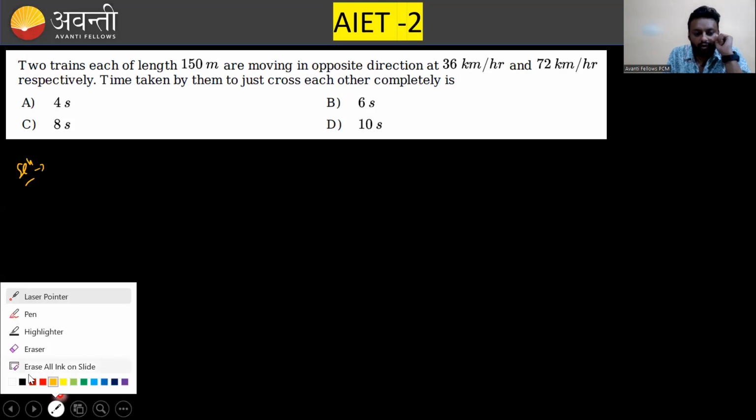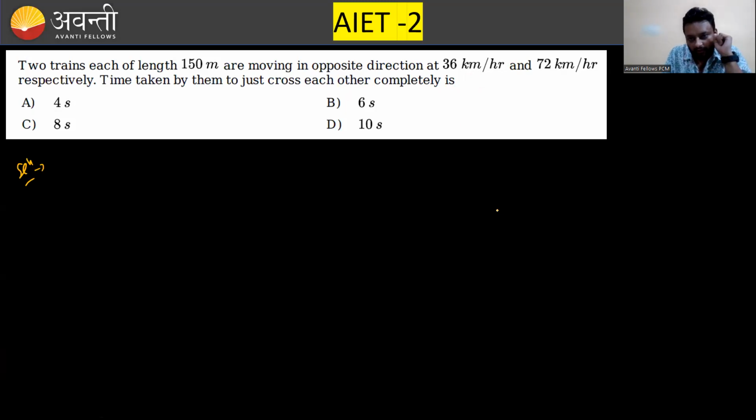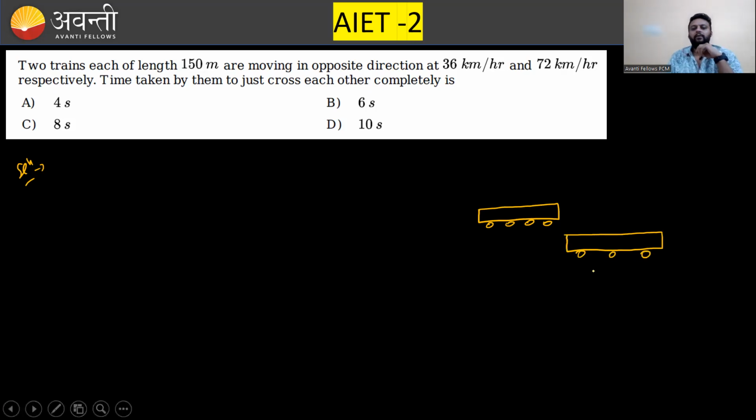Now, first of all, you should draw the trains. I'm just giving you an idea. Otherwise, it's a very basic question. One train is this one, and another train is this one. So these are the two trains moving opposite to each other like this, and each is of length 150 meter.